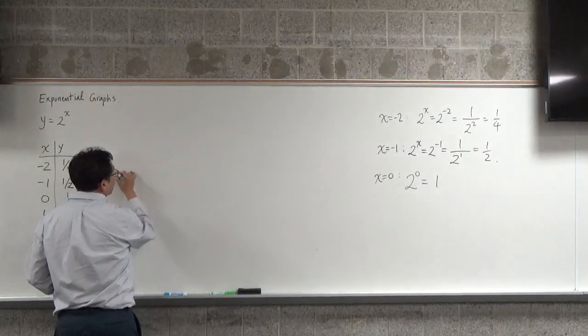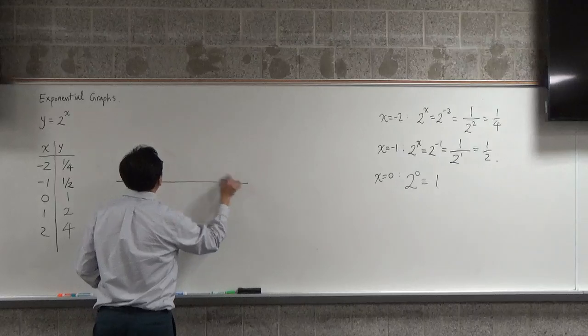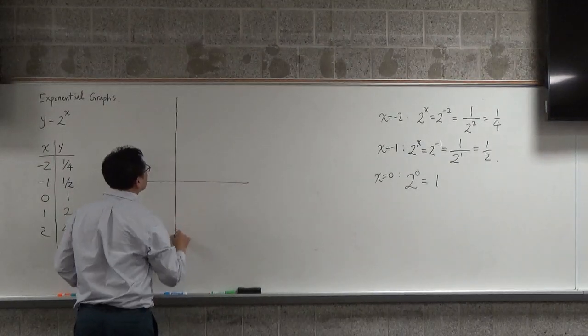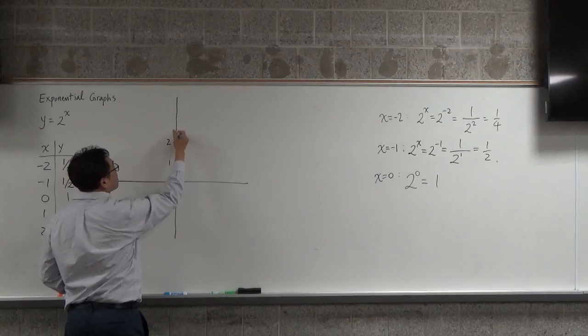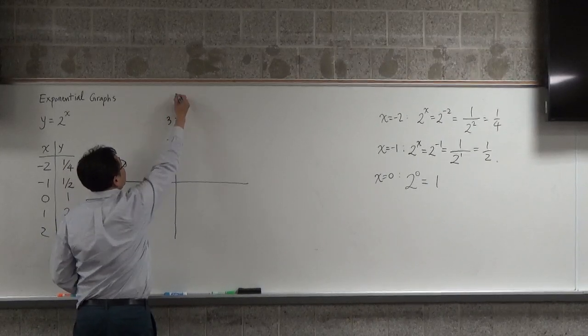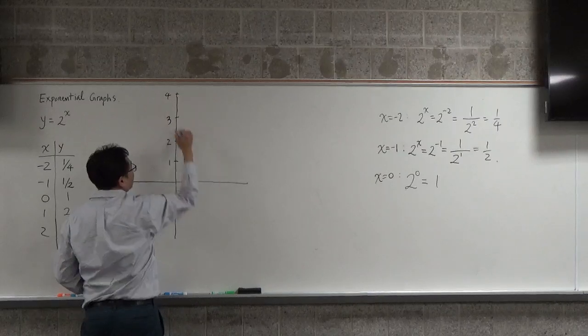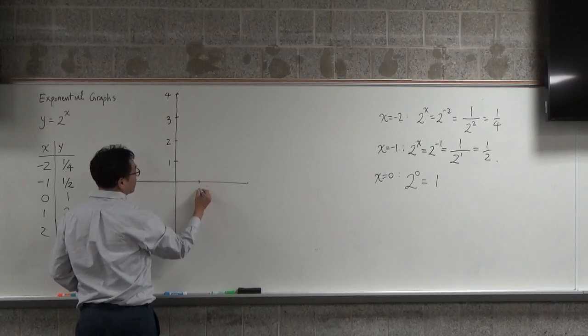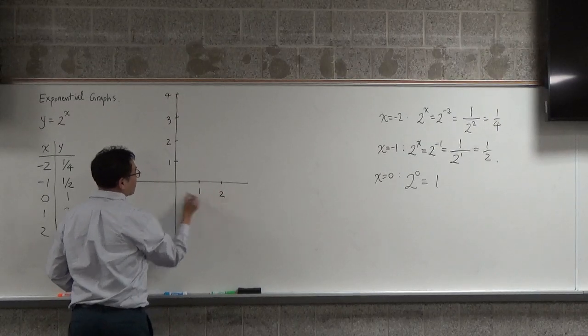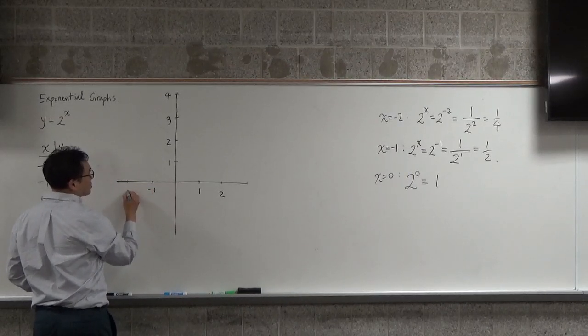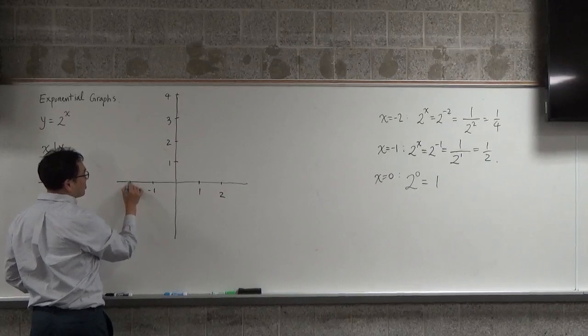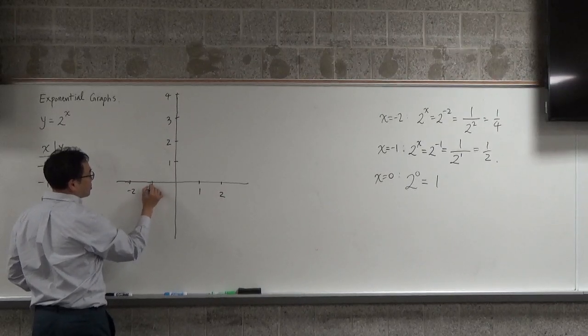Okay, so let me draw the grid here. Okay, let's say this is 1, 2, 3, and then 4, and then let's say here's 1, and then 2, -1, -2. Okay.